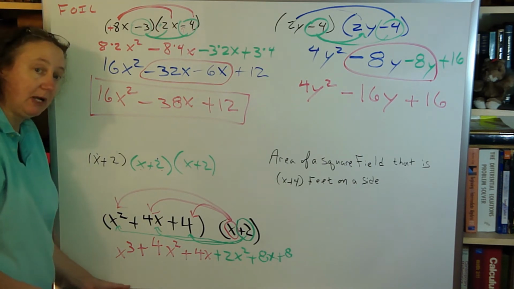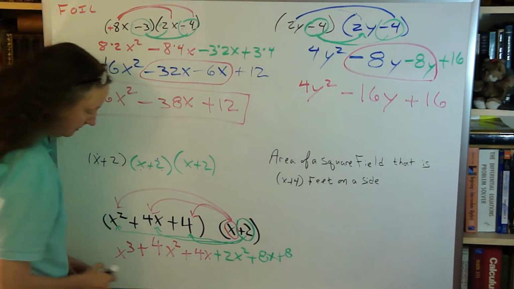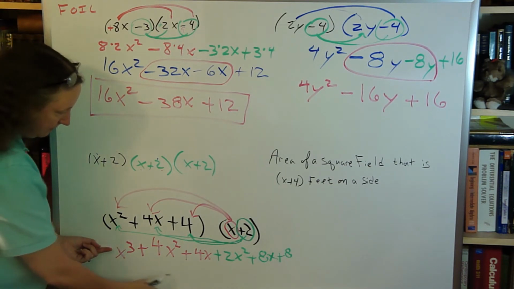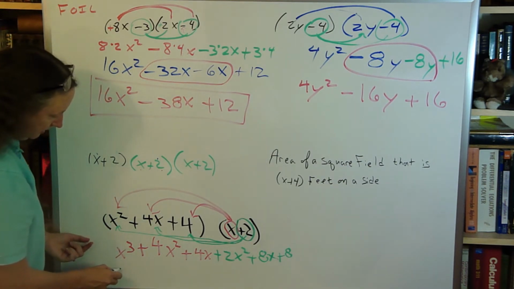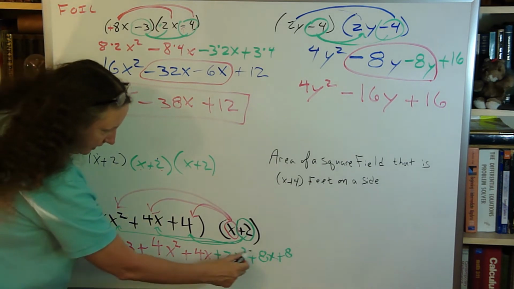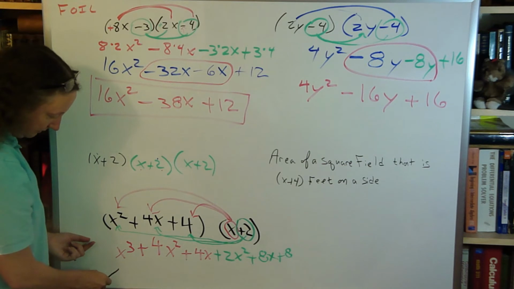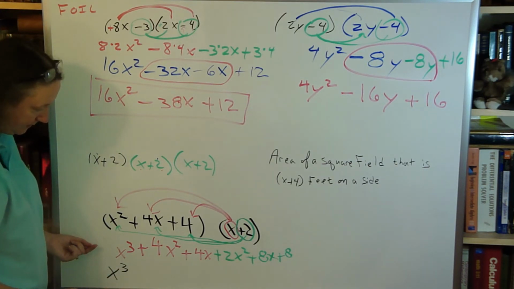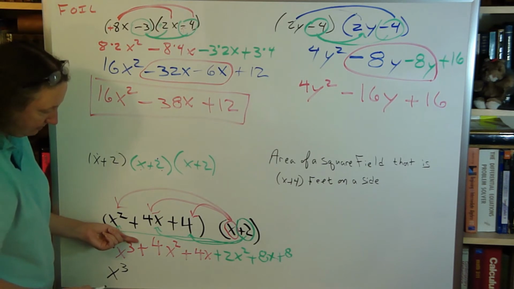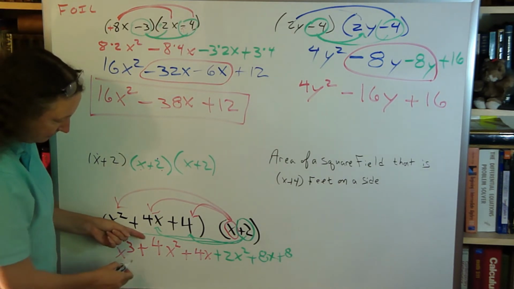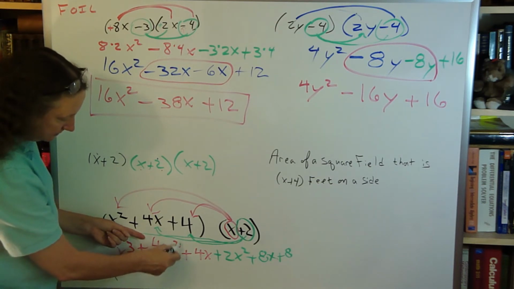Now I need to combine my like terms. So I see an x to the third here. I'm going to look for any other exponent of 3. There are no other exponent 3's. So that is just x to the third. I see my plus 4x. I'm going to put a check mark over that to say that I did it. Plus 4x squared.